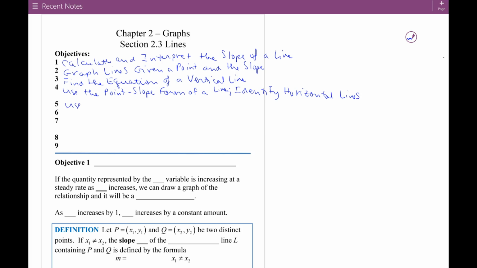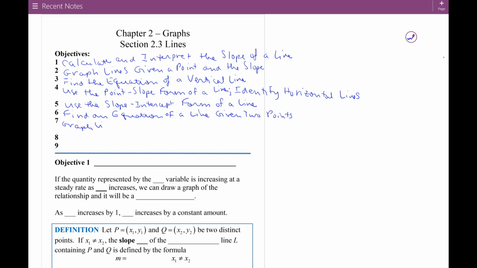Then we're going to use the slope-intercept form of a line. Find an equation of a line given 2 points. Then graph lines written in general form.